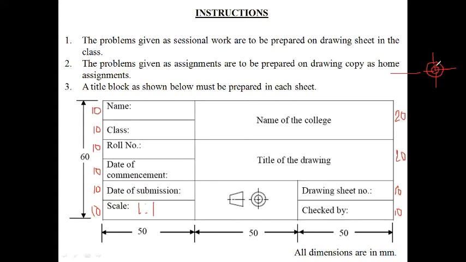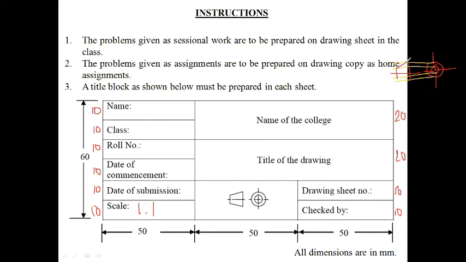Now from each point we draw a horizontal line. Here first you draw this, and at some distance you draw this.